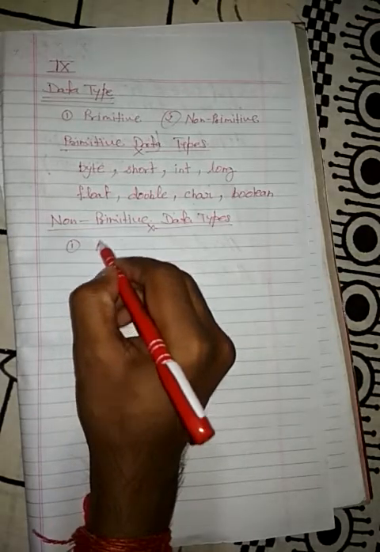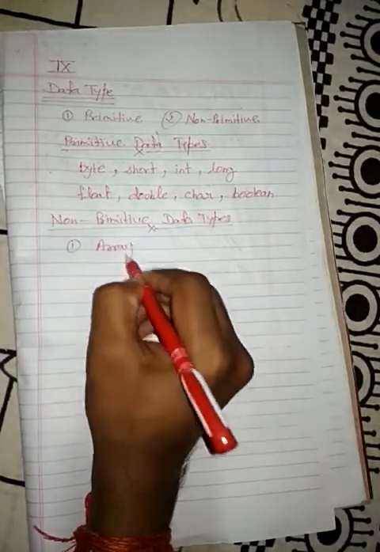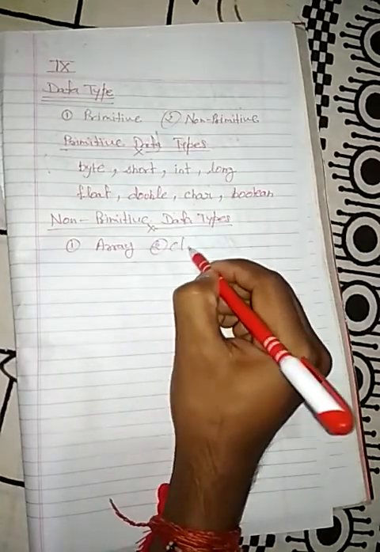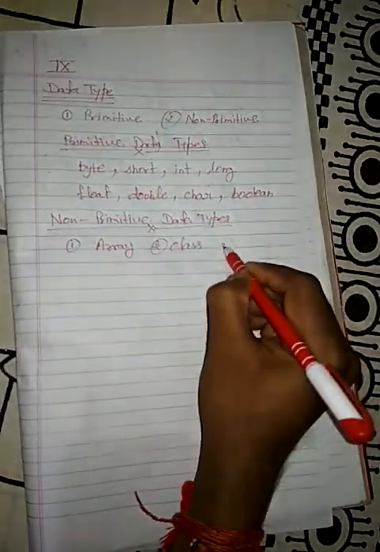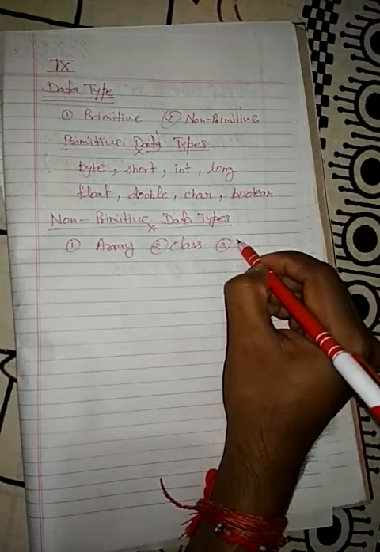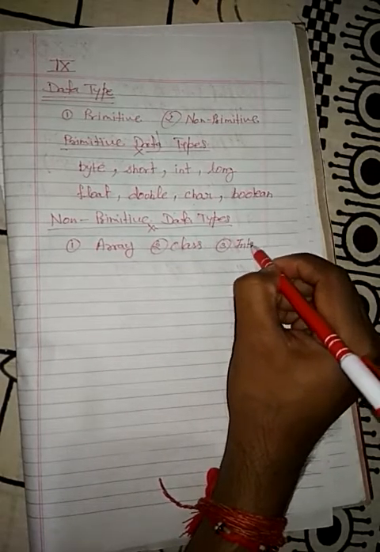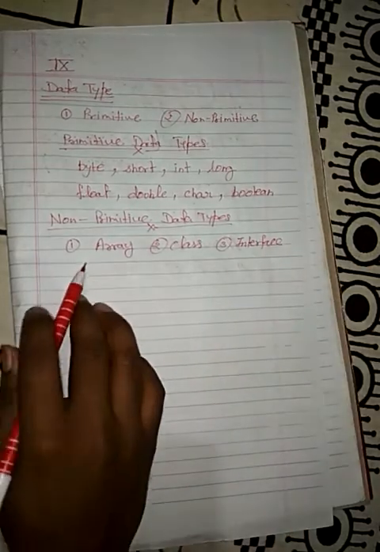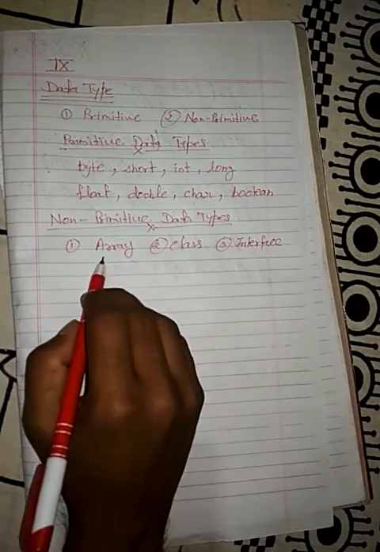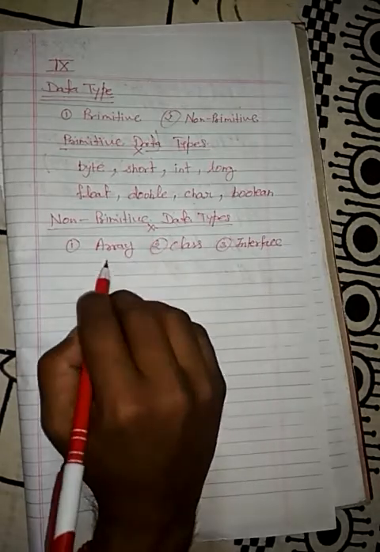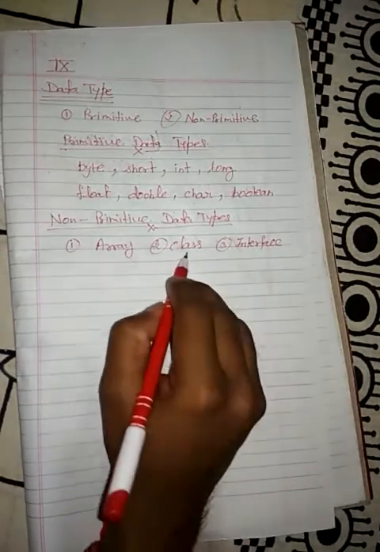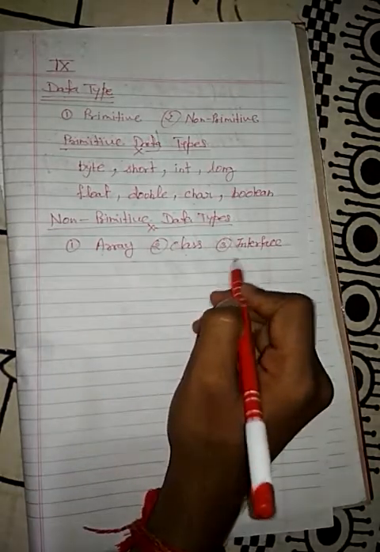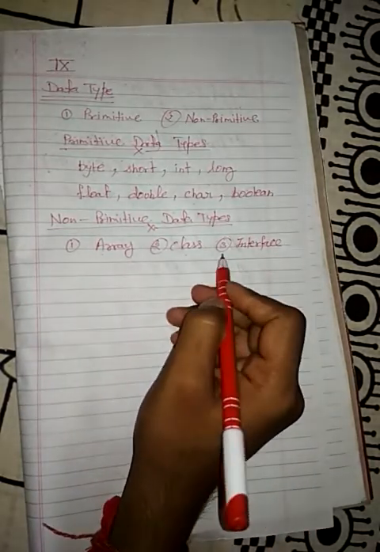The first one is array, second is class, and the third is interface. These data types are also known as user-defined data types.